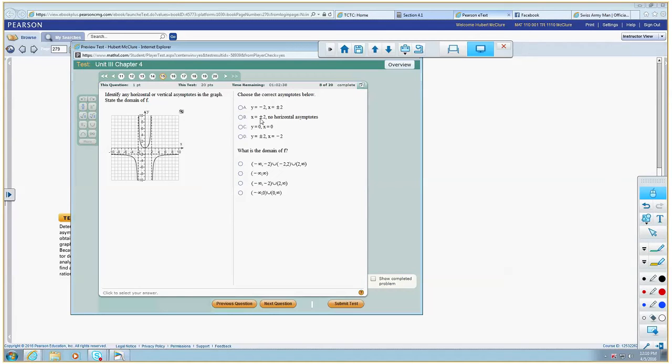Where is that? Right here. A. The domain is negative infinity to negative 2, and then from negative 2 to 2, and then from 2 to infinity. So it looks like this one right here.